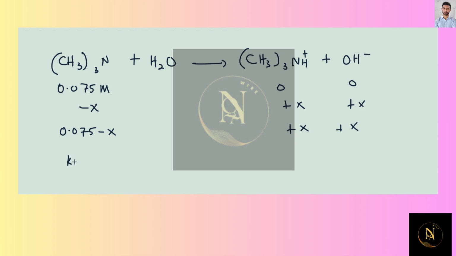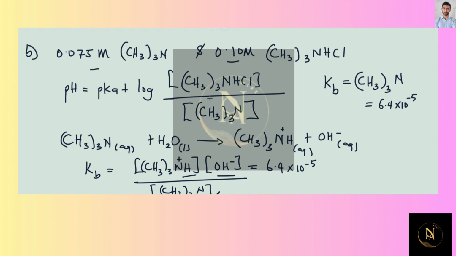Therefore, Kb, which is 6.4 times 10 raised to the power minus 5, will be equal to X multiplied by X over 0.075 minus X, based on what we already established here.